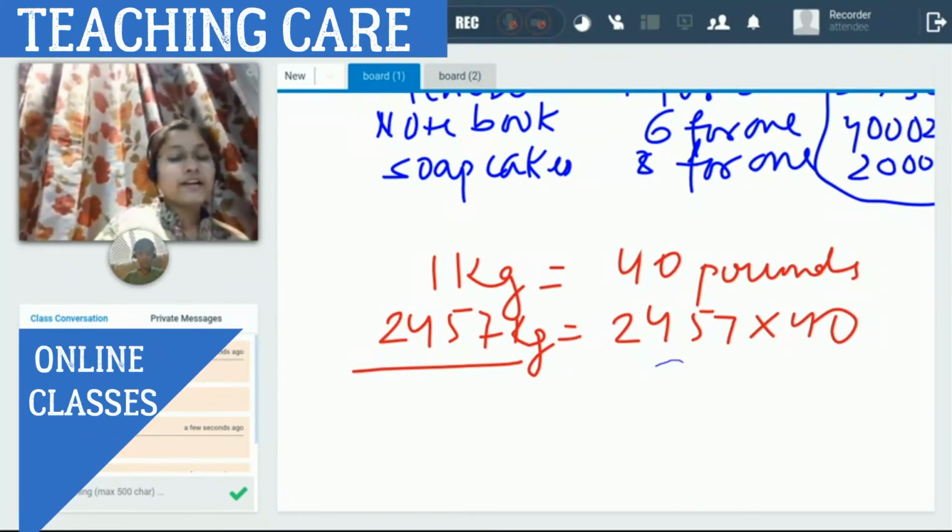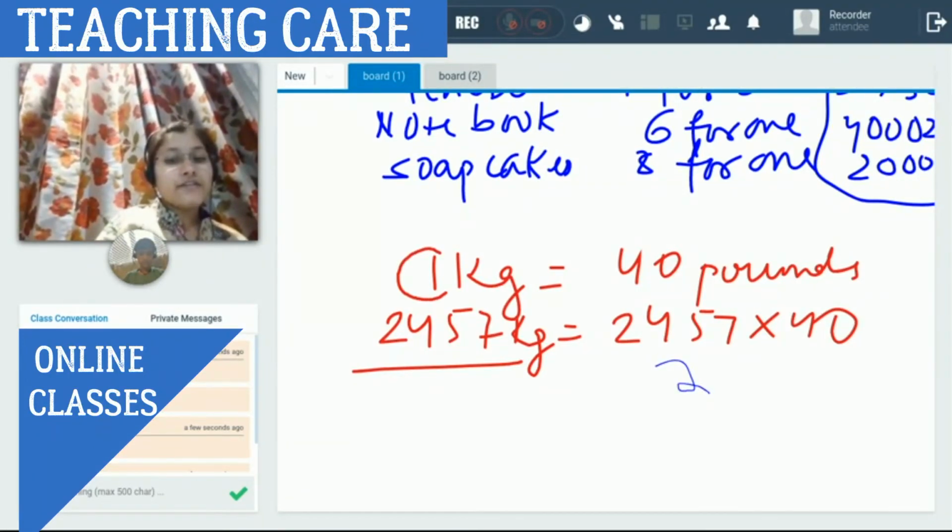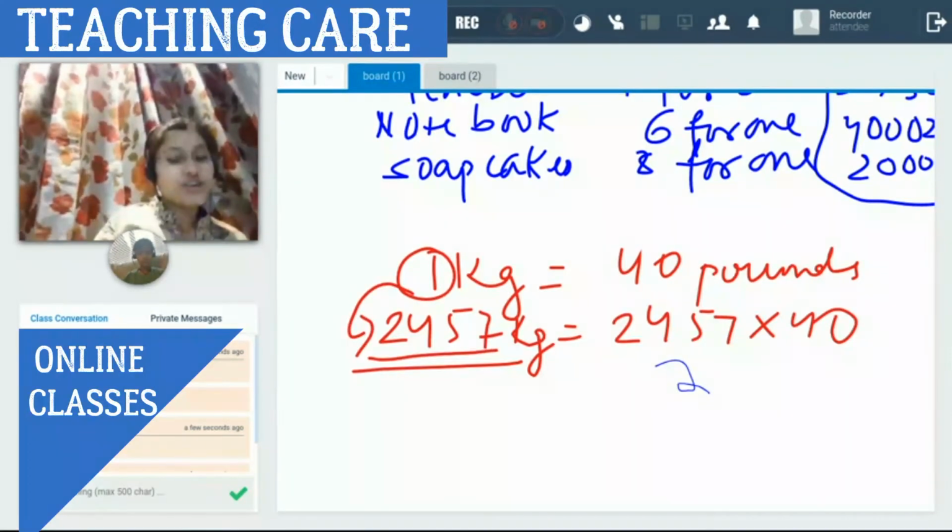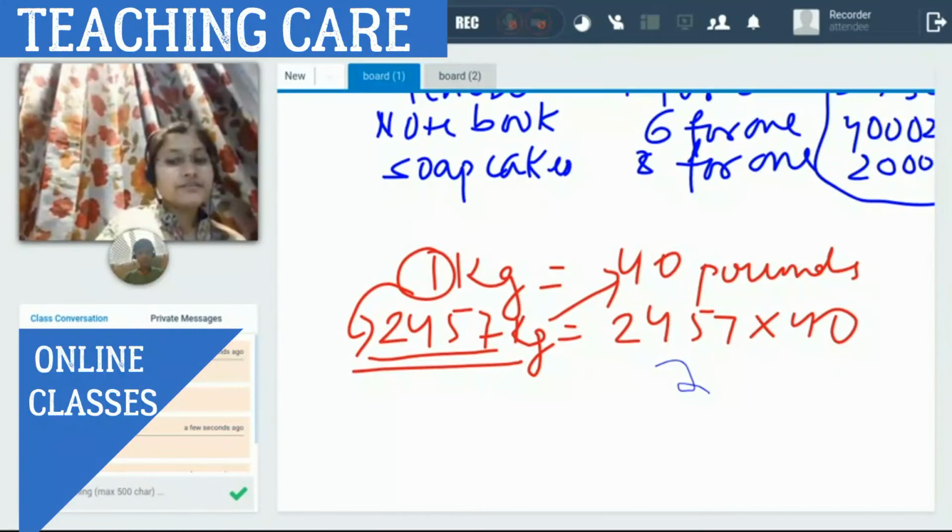I will multiply 2457 into 40. The funda is, when we have a small number and we are calculating for a larger number, we multiply.